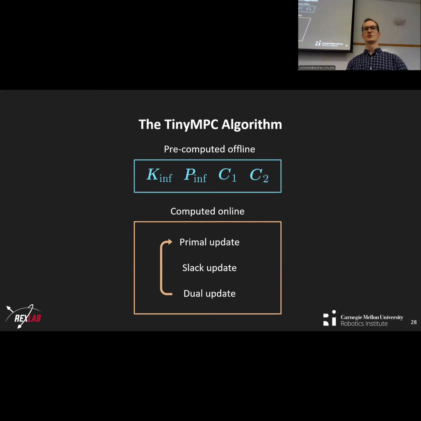But in reality, what we're doing is choosing a few different values for that penalty parameter, and then switching between them online when necessary in order to speed up the rate of convergence. And each different penalty parameter comes with its own set of pre-computed values. So we have a few more of these guys in the background, and then we're switching between them. And this doesn't introduce too much overhead since there's only 4 matrices to compute.